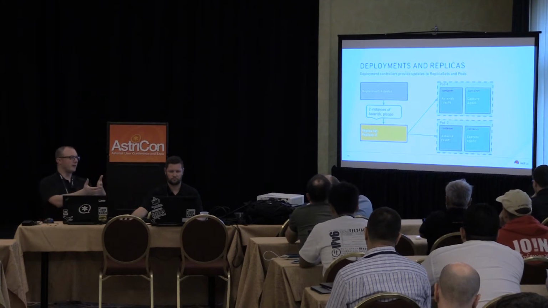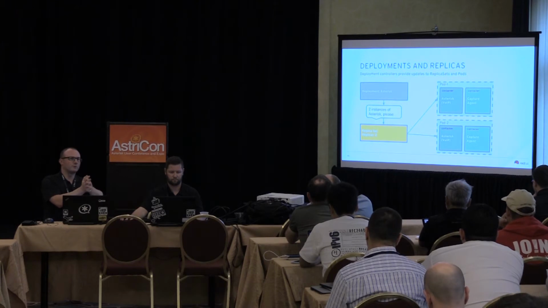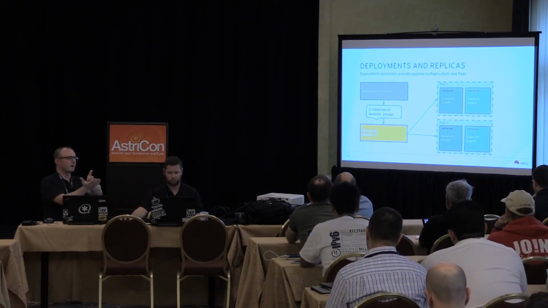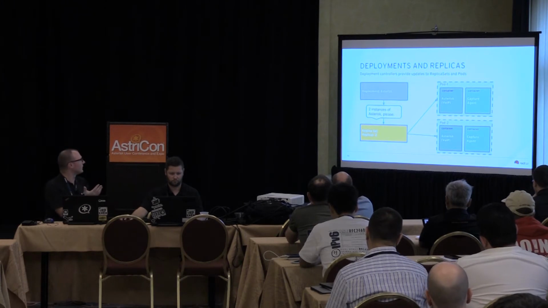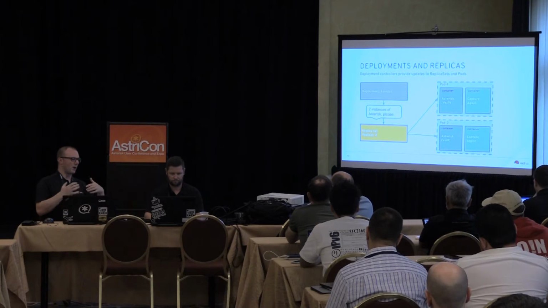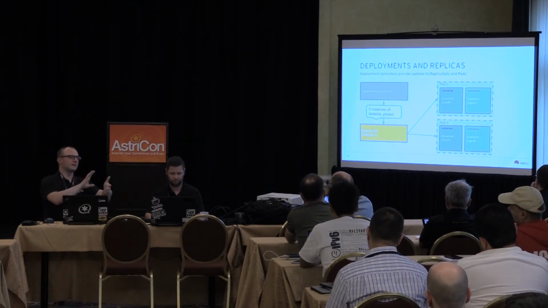When I get into the demo, you're going to see me spin up a deployment, but then I'm going to scale it up so that I don't just have one instance of Asterisk. I'm going to create a second instance so that I can make a call between the two of them. And I do that with a deployment. It's just a way to say, I have a pod, but I really need better control of the scale of the pods that I have.